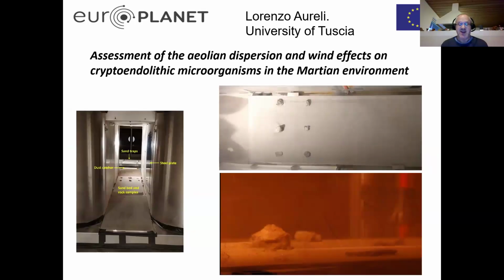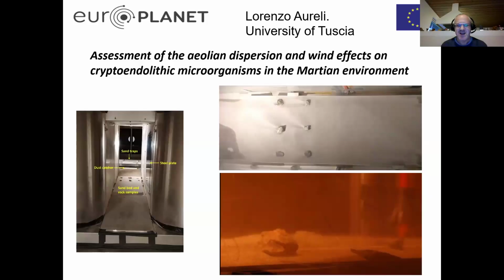So this was a rather different experiment. We don't normally have biologists in our lab. Lorenzo is essentially a biologist, but also a planetologist. His interest here was in abrasion induced by saltation, and then removal and transport of fungal spores.